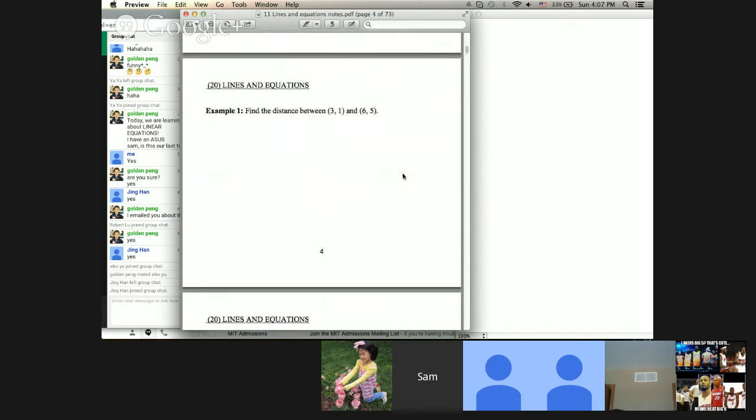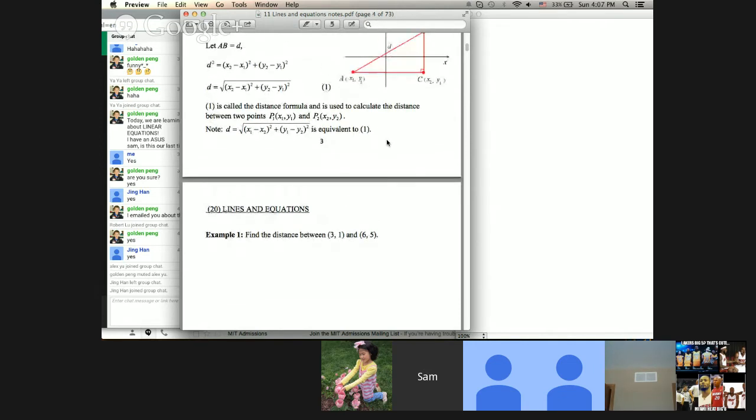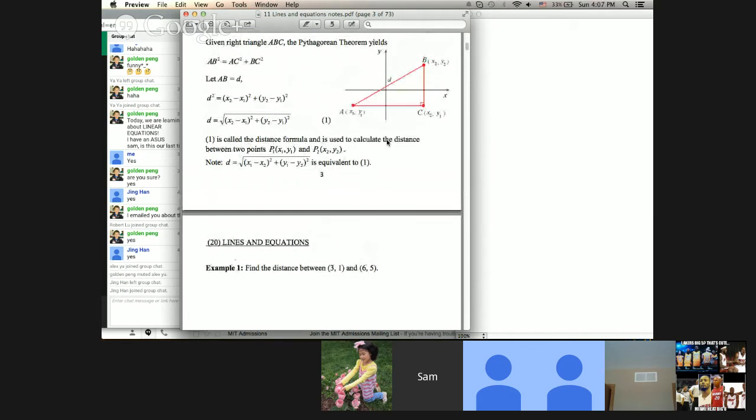Okay, so find the distance between (3, 1) and (6, 5). I'll let you guys see the formula there.